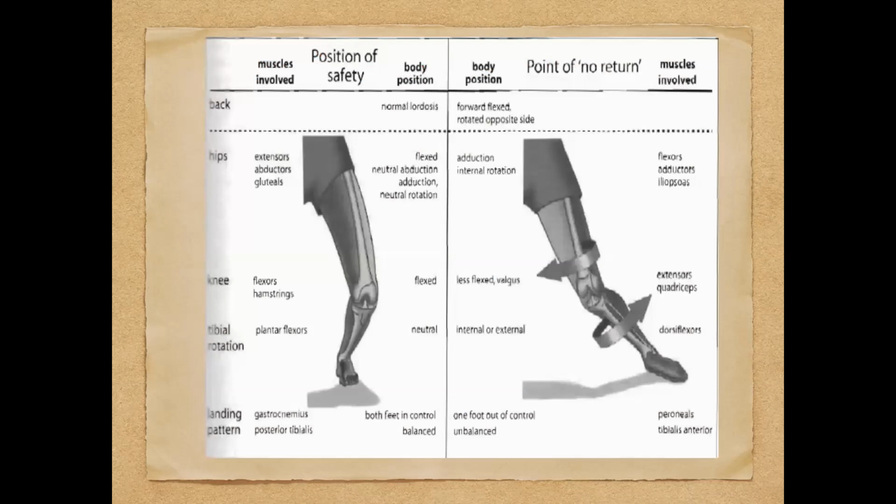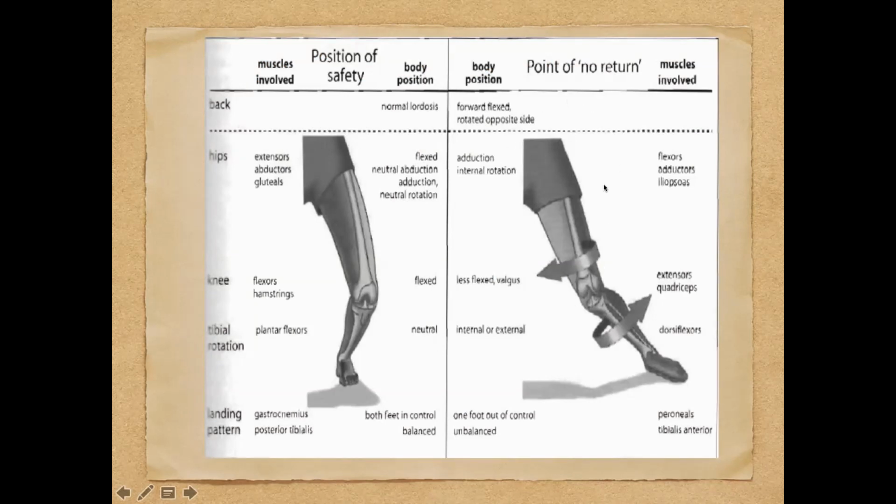From this picture, on the right side is the position of safety, where the back should be in normal lordosis and the hip is flexed, with neutral abduction, adduction and neutral rotation. The knee is flexed, the tibia is neutral, and both feet are in controlled balance.